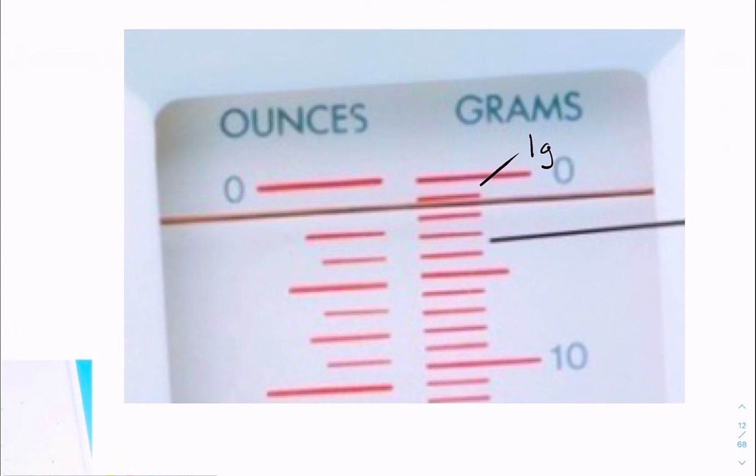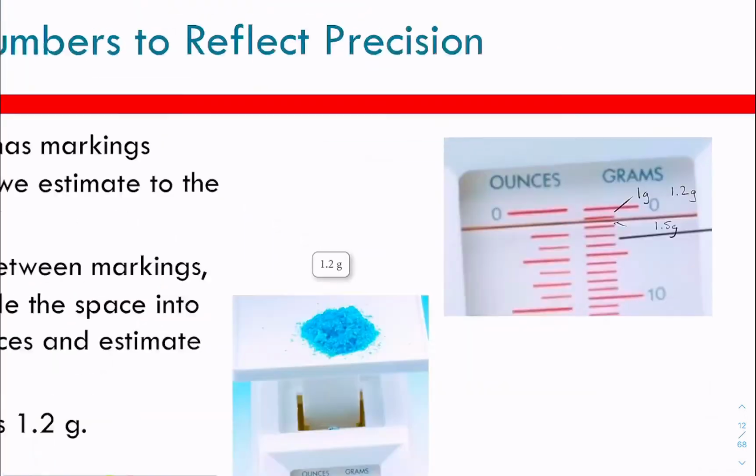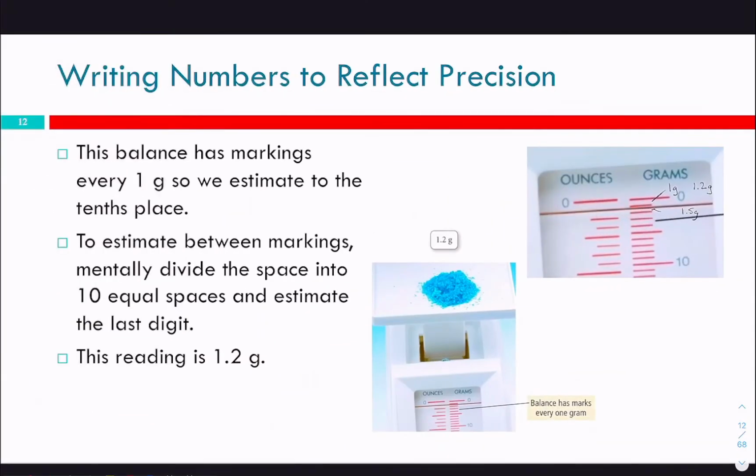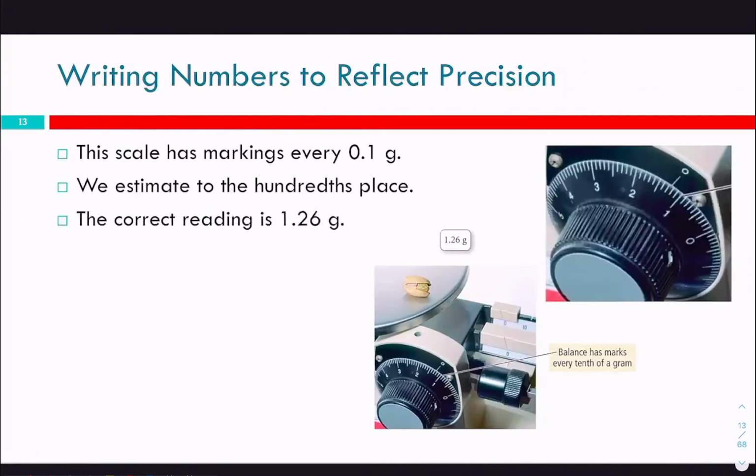I don't know for this one. But if you're measuring to the top, you could say 1.2. If you're measuring to the bottom of this line, then maybe 1.5 grams would be a good estimate. You try to make the best judgment that you can, but the best is all you can do.